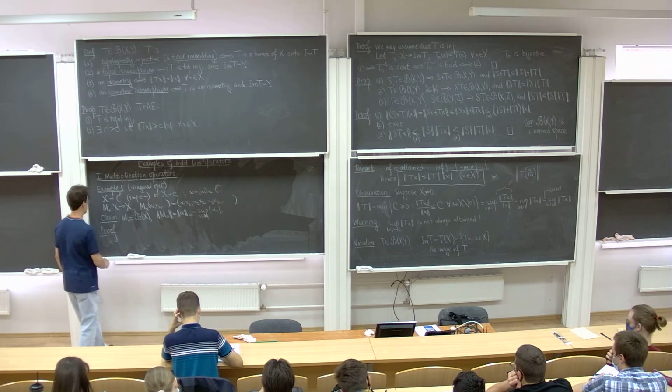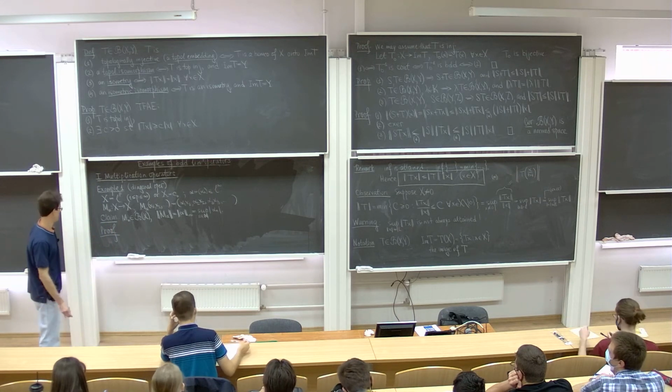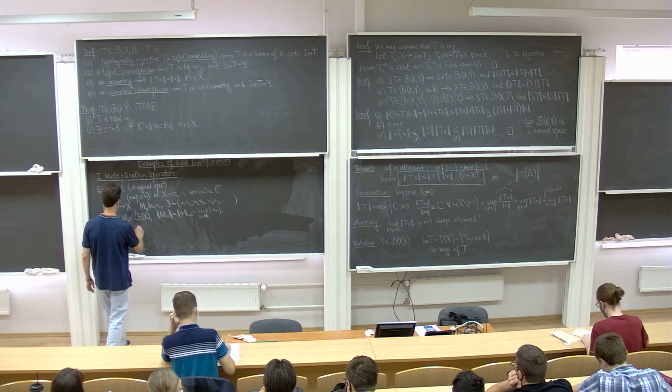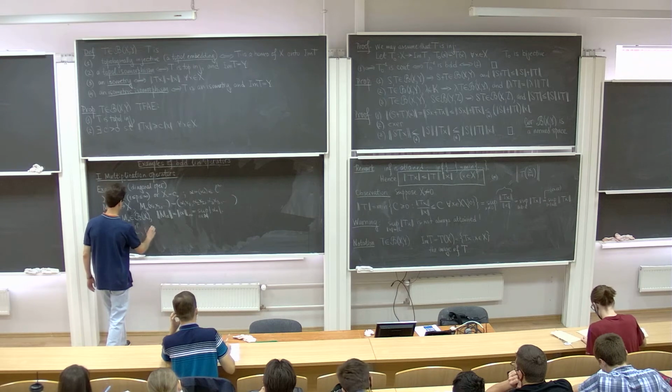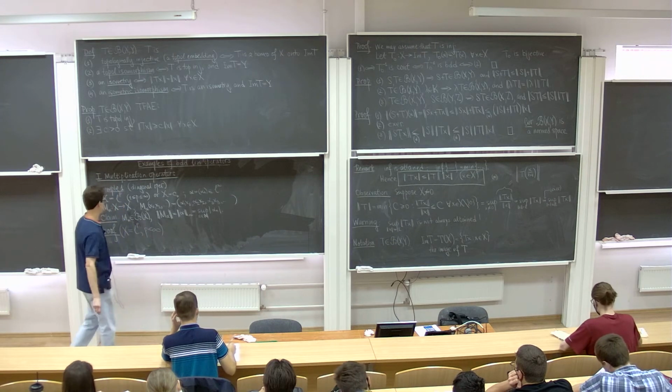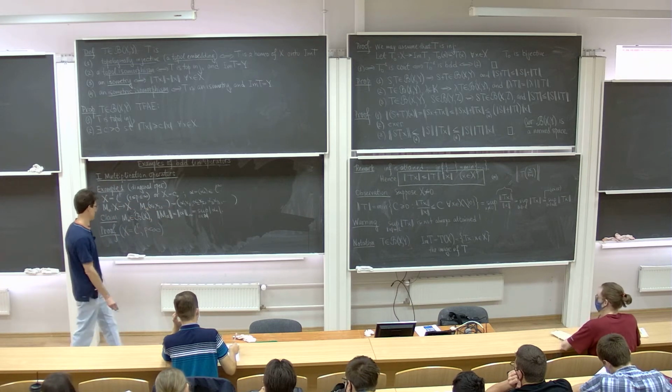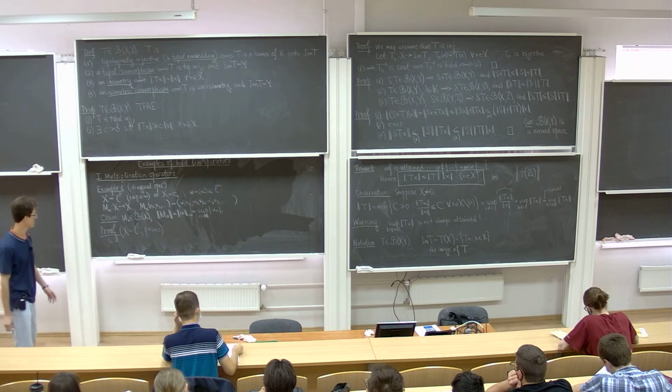Let's prove this claim in the case where x is l^p and p is finite. For the l^infinity space or for the c0 space, the proof is more or less the same.